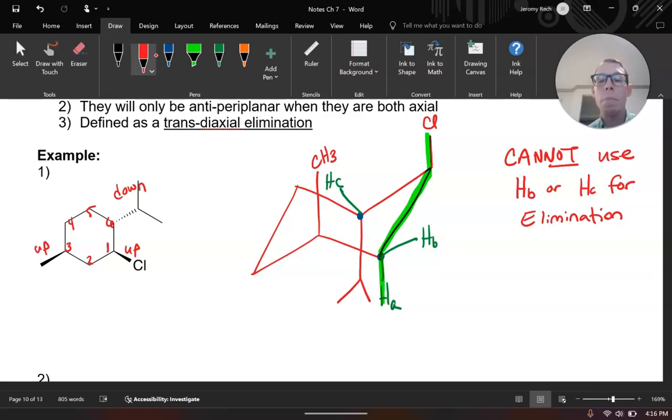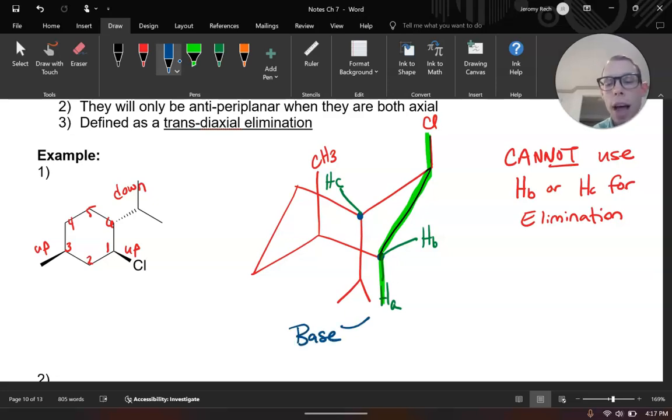Now, this is actually going to be a relatively slow reaction in comparison to some others, because you'll notice my HA is kind of being blocked by this isopropyl that's connected to the 2 position. So if I have a base, my base is going to have a really hard time if it's, for example, over here.